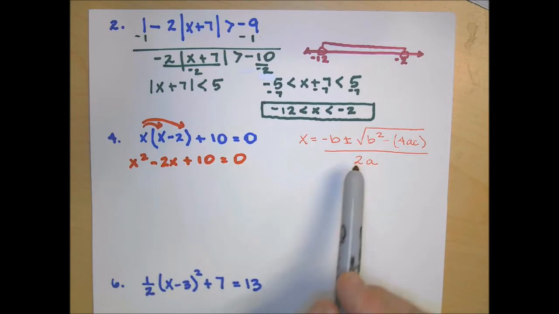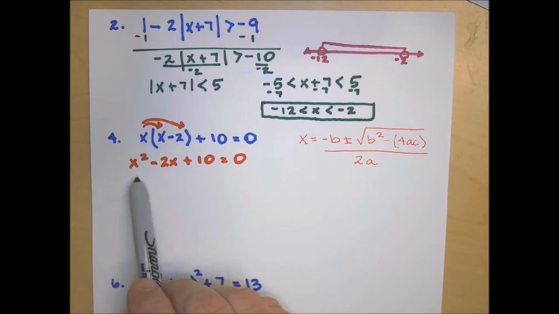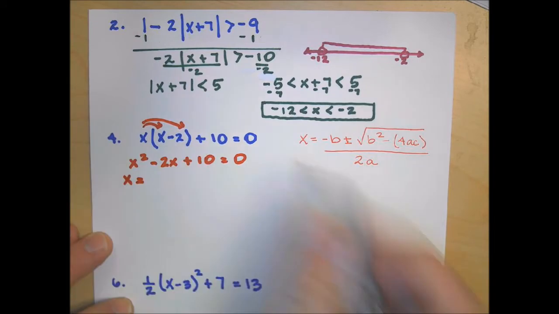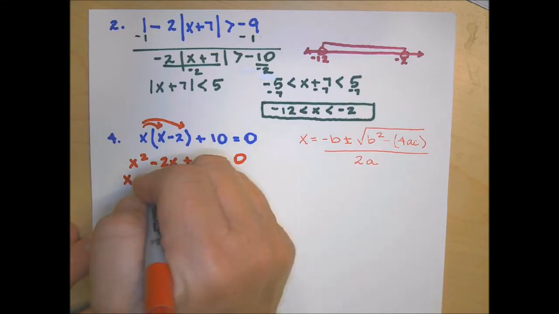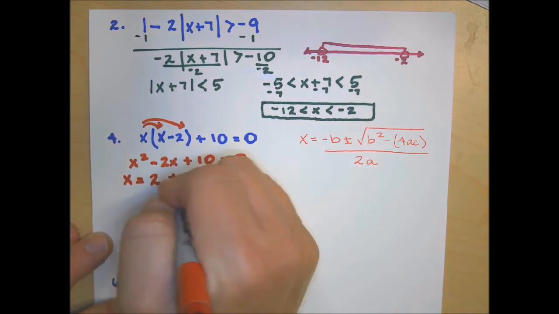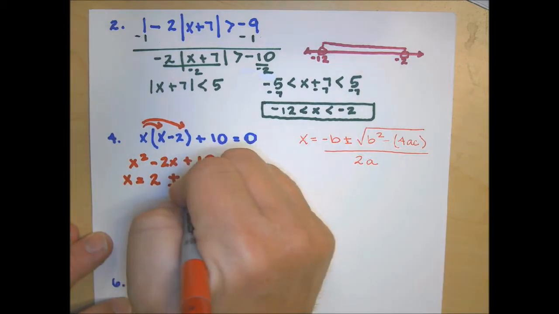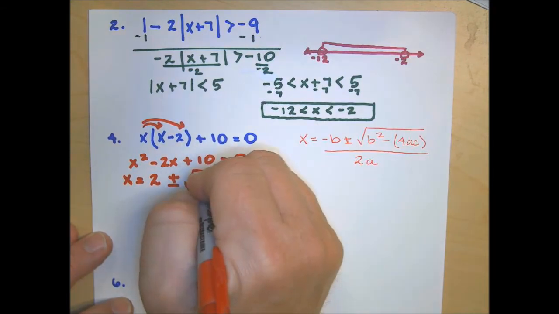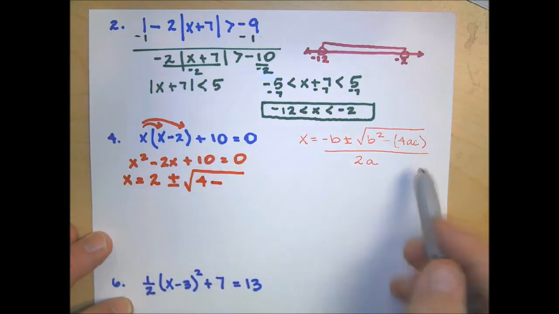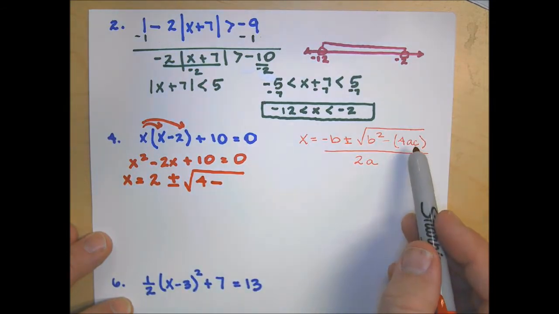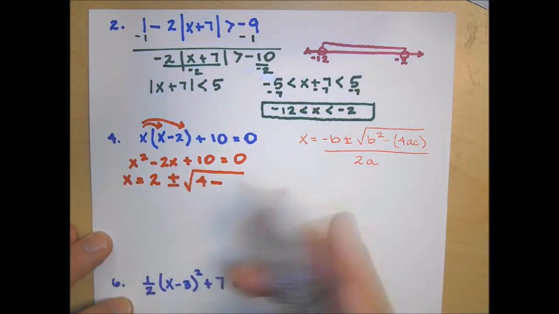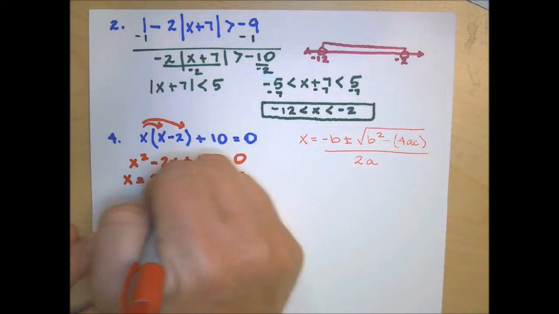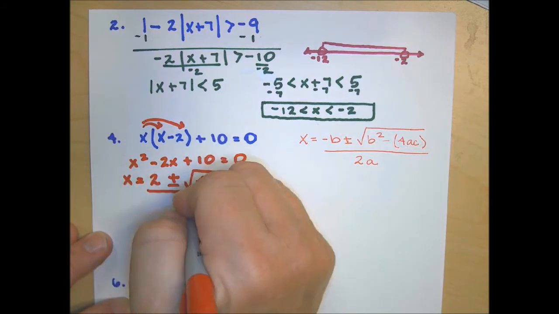I'm going to use the quadratic formula. I'm going to plug in the values of a and b and c. So x equals the opposite of the b value, so that would be positive 2, plus or minus the square root of the b squared, so negative 2 squared would be 4, minus 4 times a times c, so it would be 4 times 1 times 10, which is 40, all over 2a, 2 times 1 is 2.